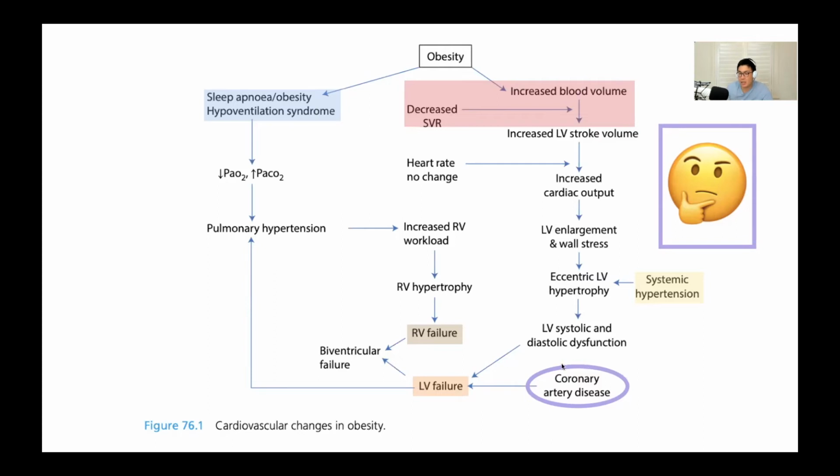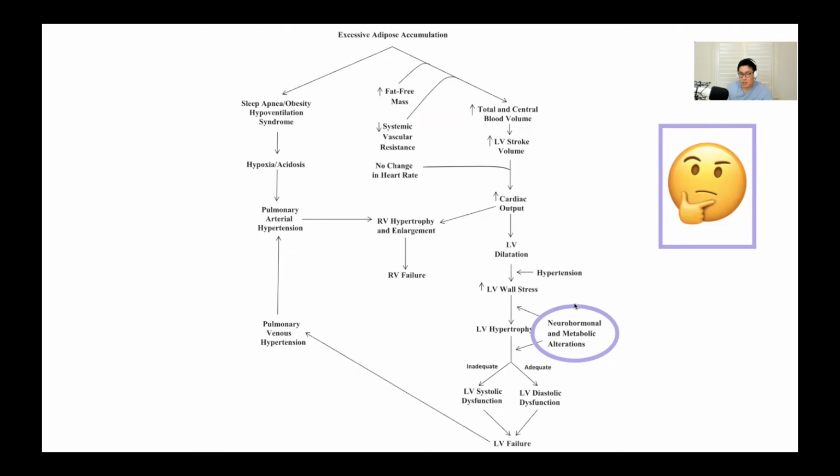So this is something that the other two flow diagrams didn't have. But what they did have was this, so this was from Albert. They had neurohumoral and metabolic alterations.